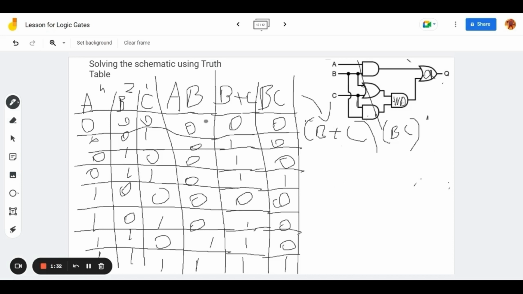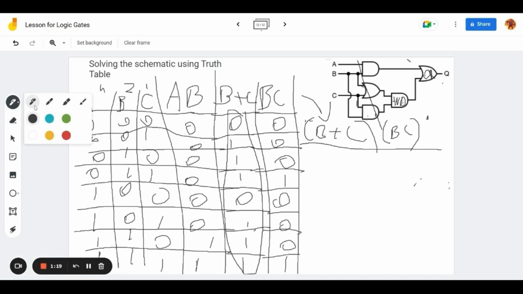Now over here, what we do is we take the value of B plus C, which is this column right here, and we take the value of BC, which is this column right here, and we multiply them together, as the next gate that comes is the AND gate.